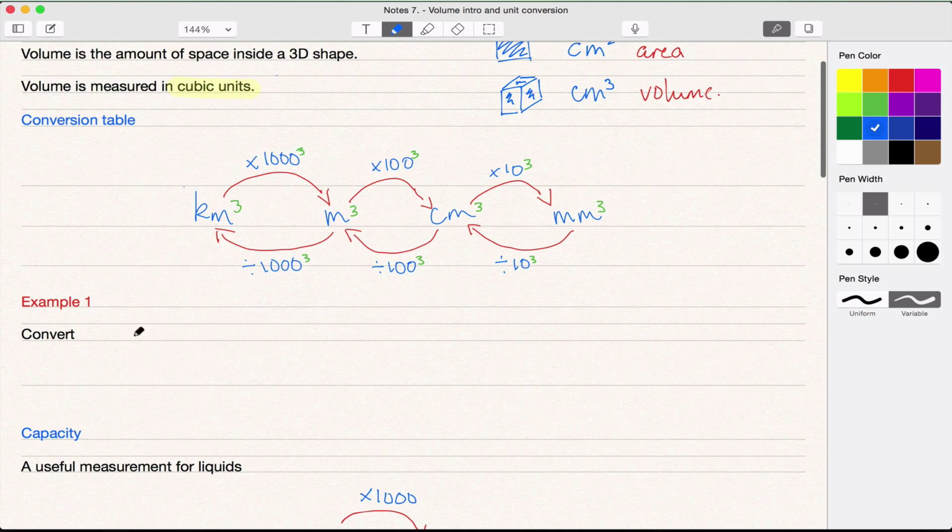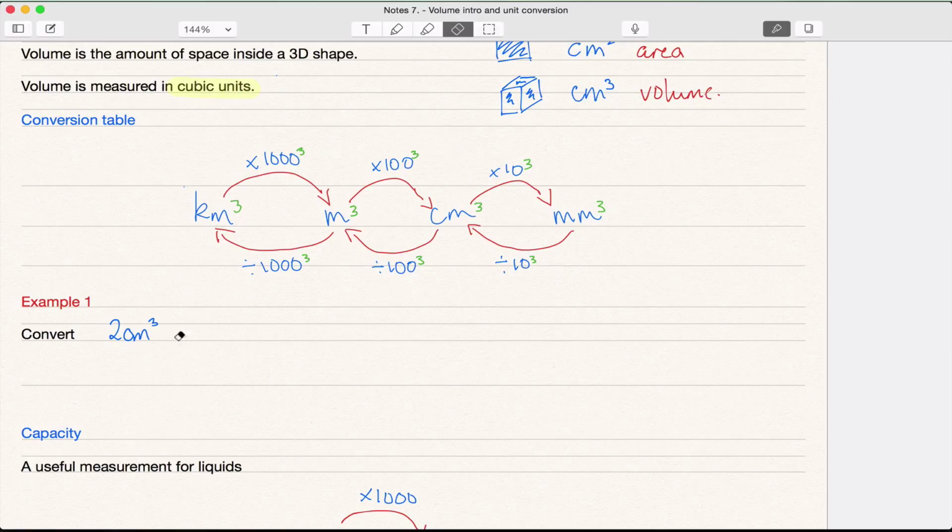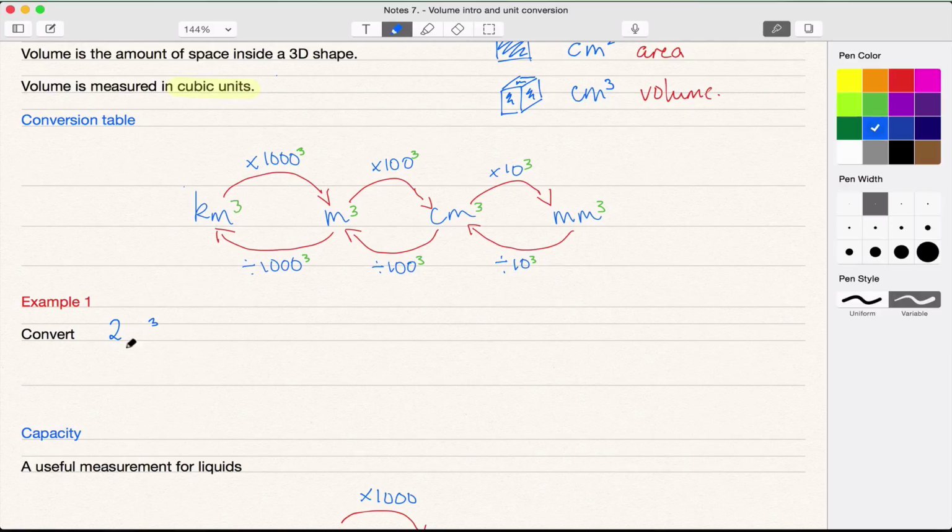First example here is to convert 2 cubic centimeters into cubic millimeters. So we're starting with centimeters, we're changing into millimeters, so we need to times by 10 to the power 3.